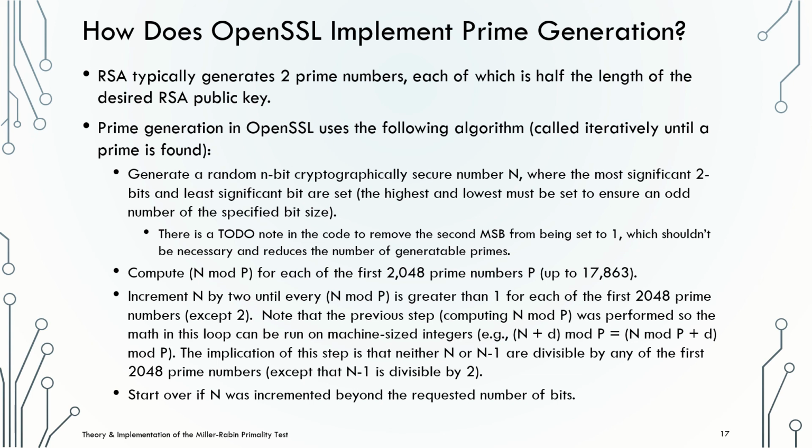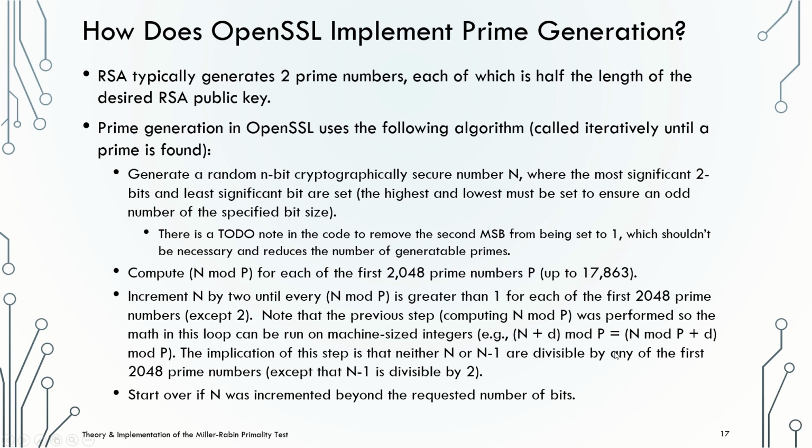The OpenSSL implementation also sets the second highest bit, but there is a to-do in the code that indicates that that is not intentional and will eventually be resolved. Next, we compute n mod p for each of the first 2048 prime numbers p up to 17,863.